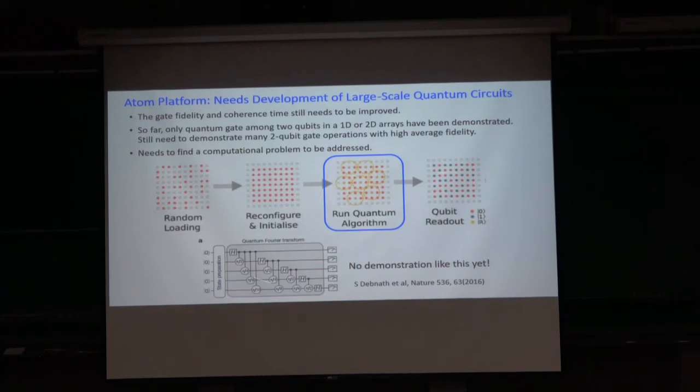But this is what I just said. For the neutral atom platform, the whole cycle looks like this. You load some atoms with a random pattern, and then you do rearrangement, and then you apply laser light to perform the target operation, and then you use fluorescence or some other methods to measure the states.